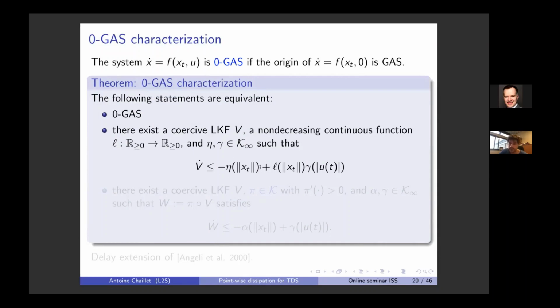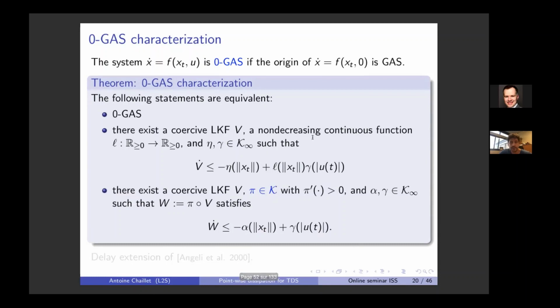So a very strong dissipation rate here. But the price you pay, of course, is having an unknown term involving also the history function. Potentially this L can be very big, so you cannot derive much from this expression. And indeed, you only have zero-GAS, so there's not much robustness you could hope for. So this is the first characterization of zero-GAS.